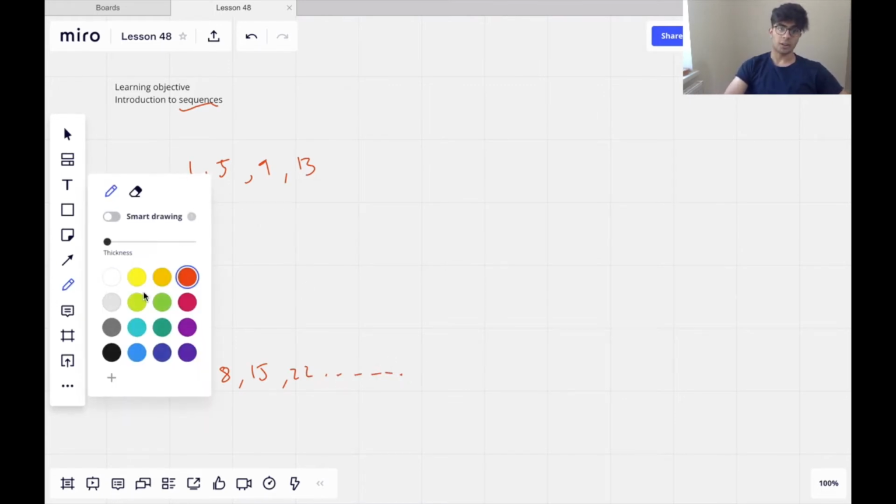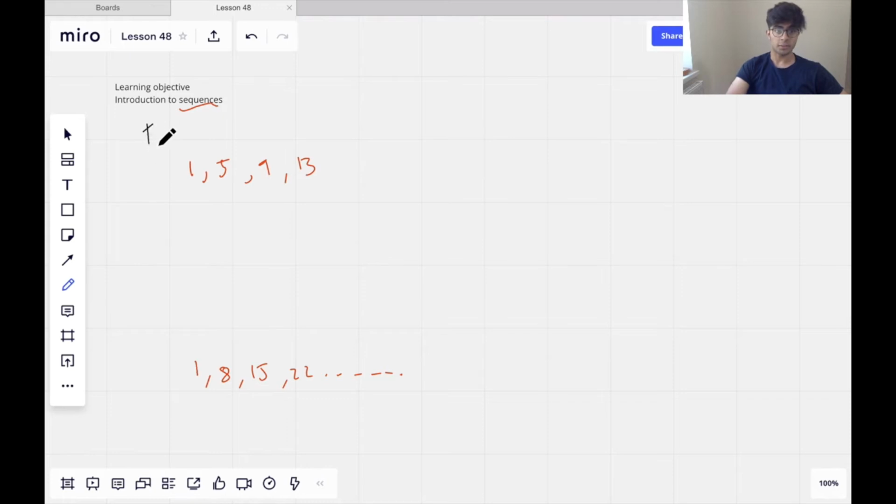So we have, as I said, finite and infinite. And when you say an ordered list of numbers, it means that there's some sort of relationship between the numbers. In this one, you add 4 to get to the next term, or here you add 7 to get to the next term.